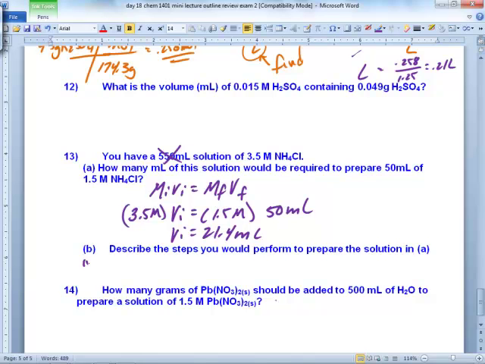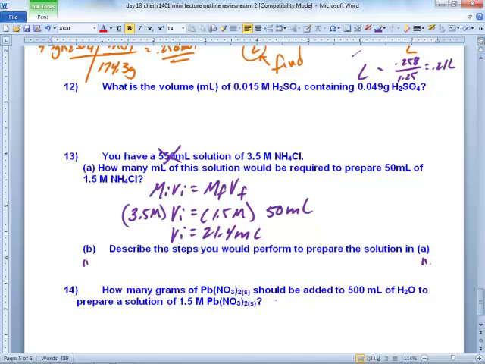How do you say your answer? Take 21.4 mils of 3.5 molar and dilute to 50 mils to get 1.5 molar. That's it.